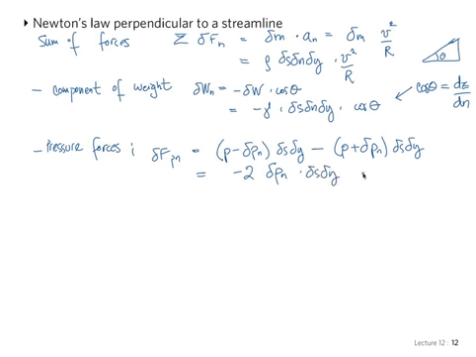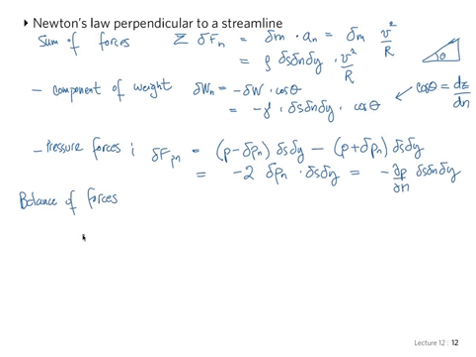And here for this one we already had an expression. Again, the 2 cancels out, but the negative sign remains, dP dn times ds dn dy. So very similar to before.